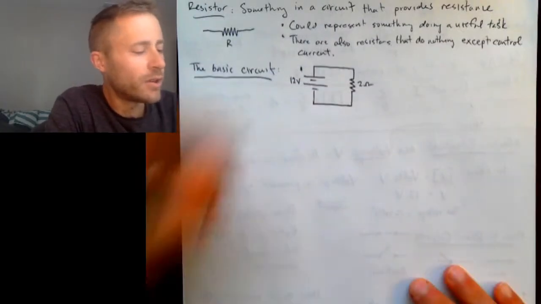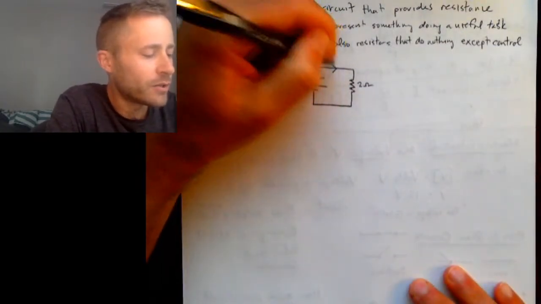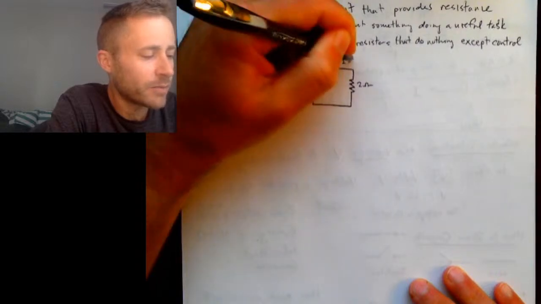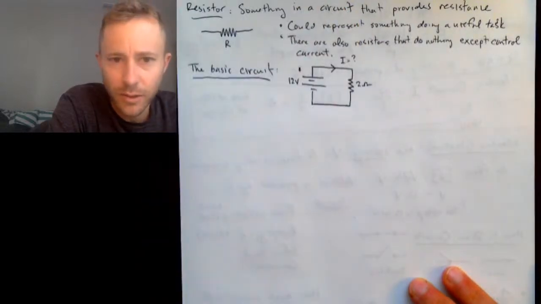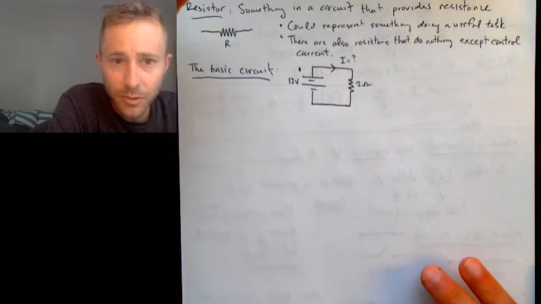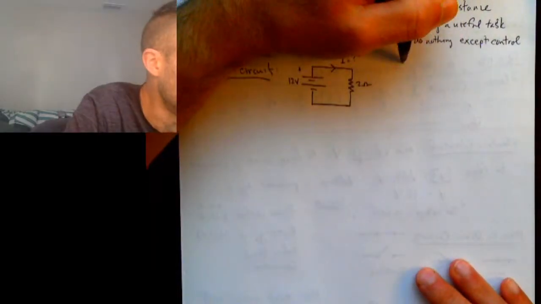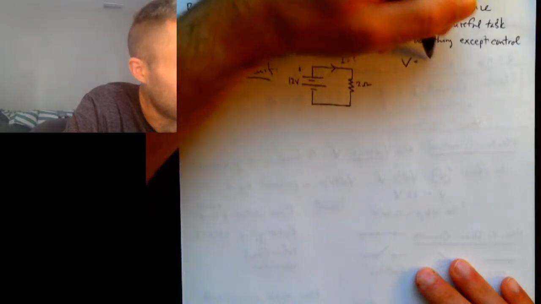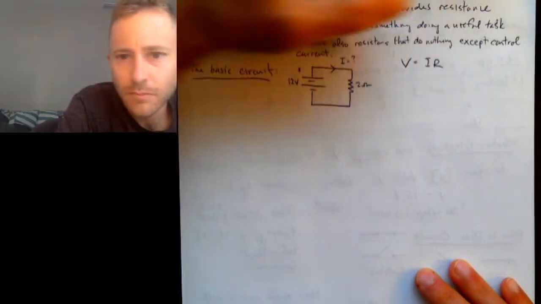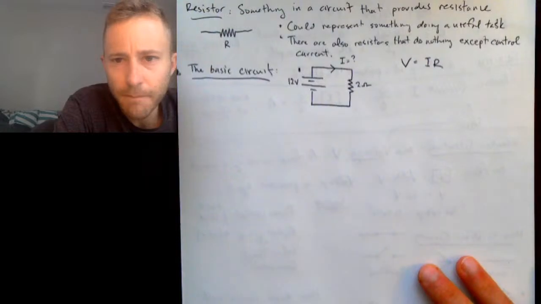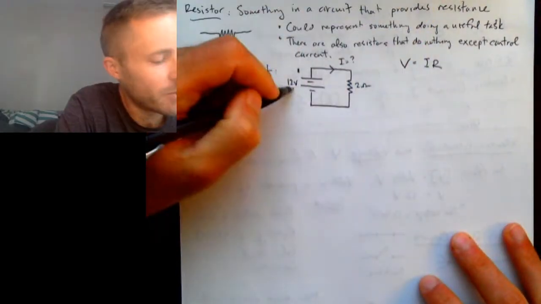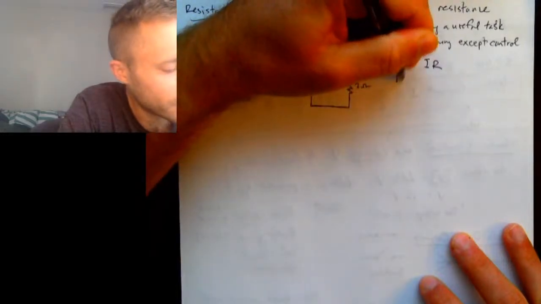So if I wanted to know how much current is going to flow out of the battery when you hook up this circuit, I would simply use Ohm's Law. V equals I times R. The voltage provided by the battery is 12 volts.